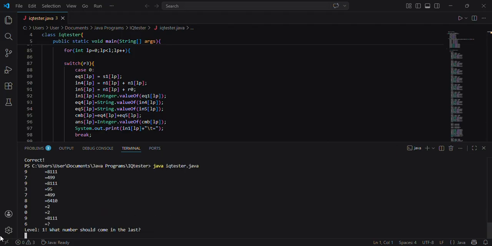Here is another question, we have to find the last number, the missing number. So if we see 6 on the right hand side, we have to solve it. In the number above, we see 9 multiplied by itself is 81, and 9 plus 2 should be equal to 11.